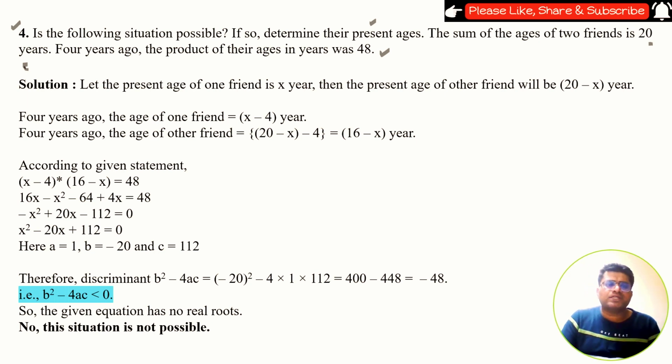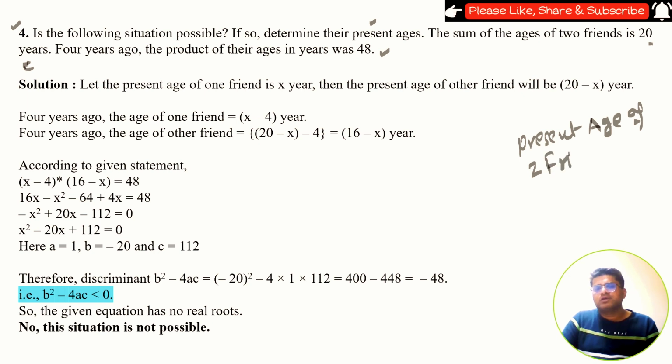It means what are the two unknowns here? The present age of two friends. Okay student. Then what I said to you, you just suppose one unknown thing and write another unknown value with the help of the given statement in the form of the same variable.